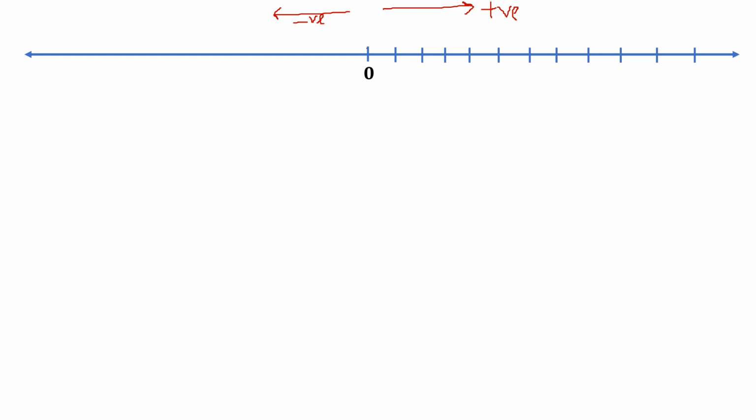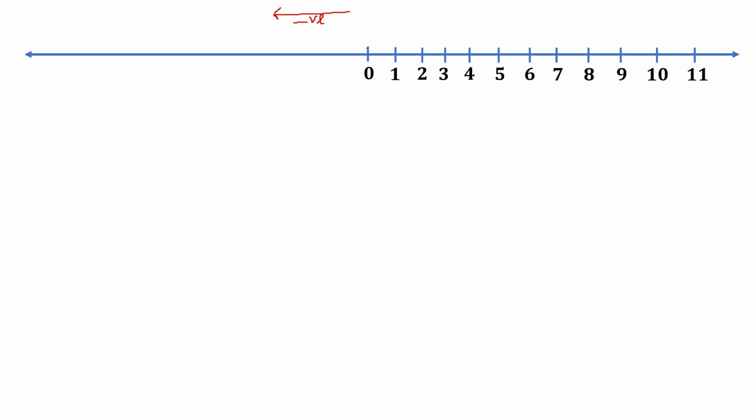So I will label these numbers. On the positive side, I will just write numbers because I can leave out the positive sign. From 0, we are going straight to 1, 2, 3, 4, 5, 6, 7, 8, 9, 10, and 11.